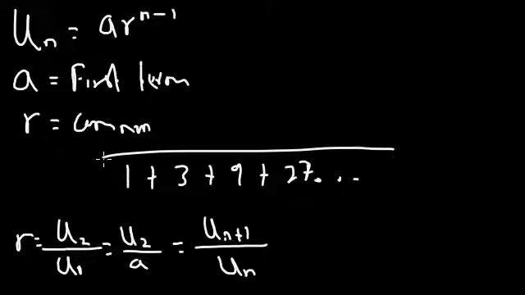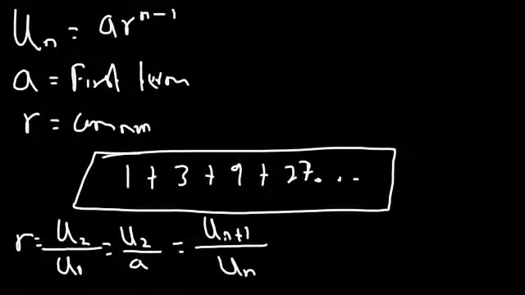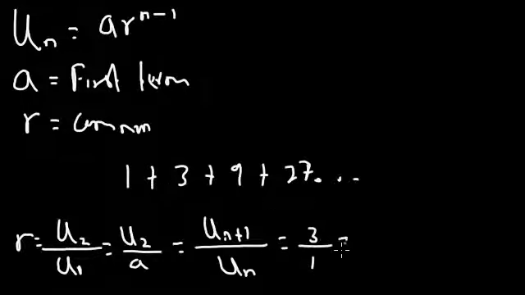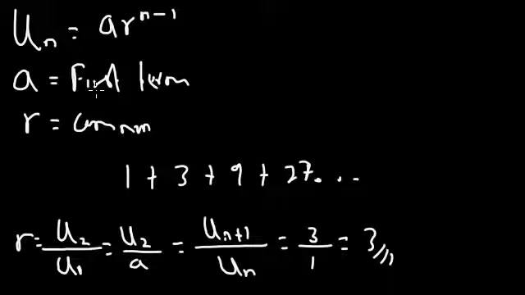So therefore, this series is a geometric series. To find its common ratio, just take any term and divide it by the previous one, and you have your answer. That's how to easily find the common ratio of a geometric series given that series.